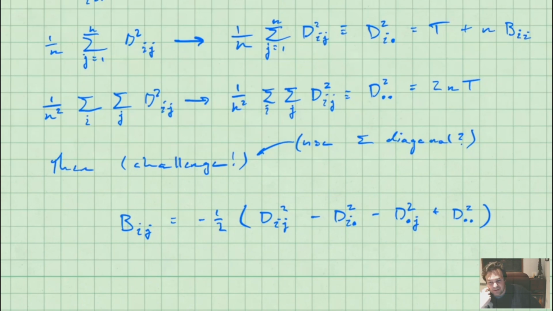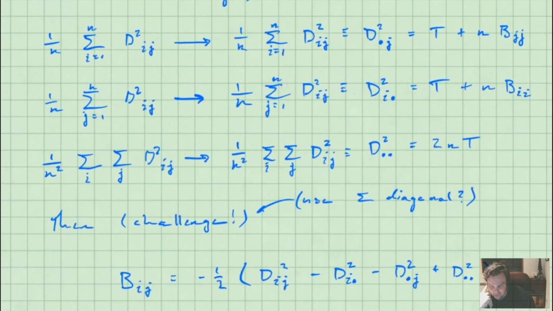Okay, so those are pretty challenging things, I think. But if you were to show these, and again, I said there were going to be some holes in this, and these are probably the two biggest ones, then you've now got a scheme for going from D to B, right?